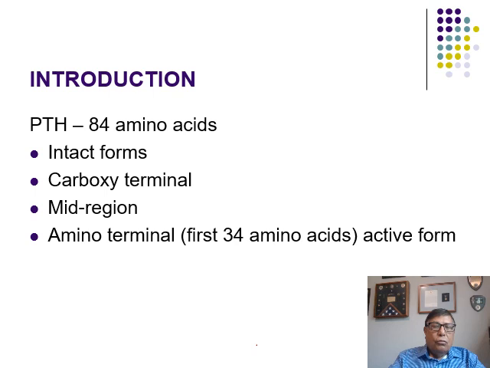So we know that parathyroid hormone is a long chain amino acid. It begins to get synthesized inside the parathyroid gland, in the rough endoplasmic reticulum, and it is about a 115 amino acid chain. By the time it is released to the circulation, the intact form of parathyroid hormone is 84 amino acids.